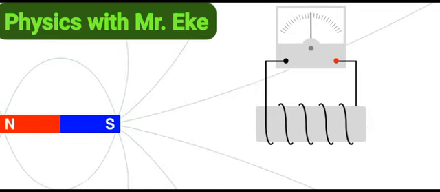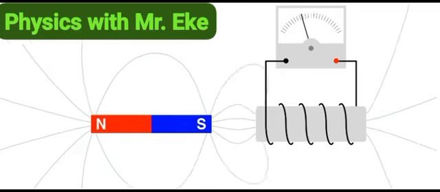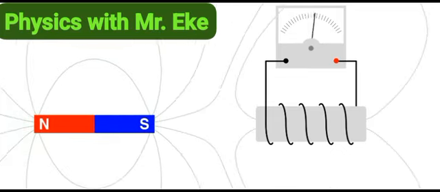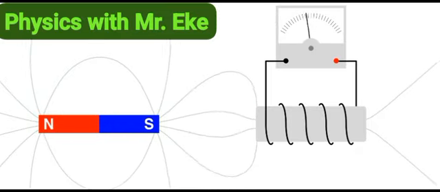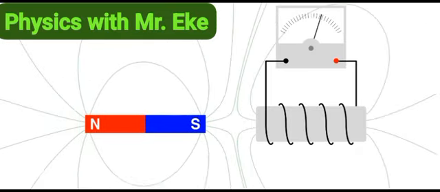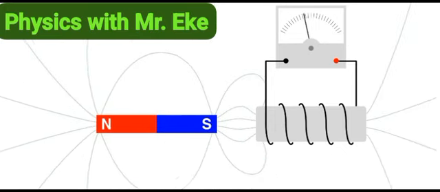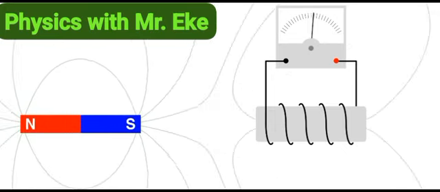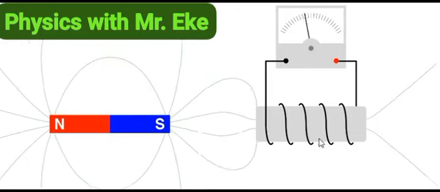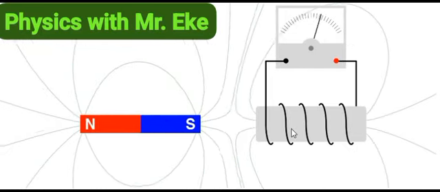And it is this change in the magnetic flux that produces the induced EMF. As long as the induced EMF is created, that induced EMF produces an electric current as long as the circuit is closed. As you can see from our diagram, we are using a closed circuit.